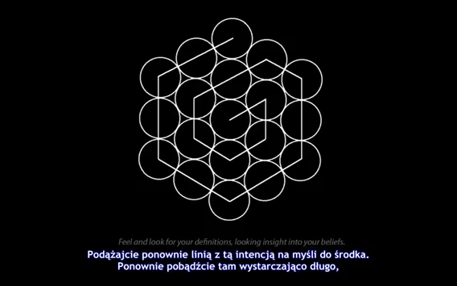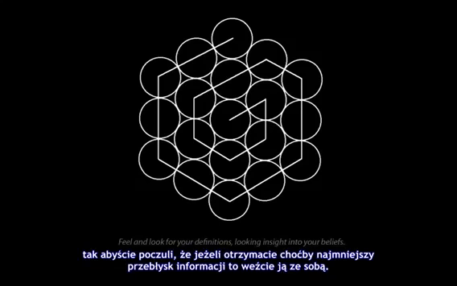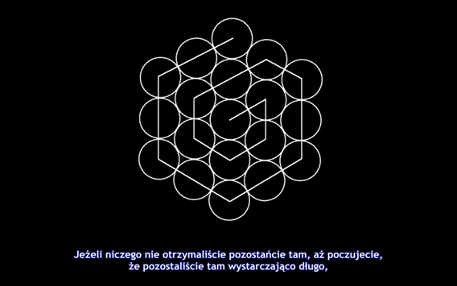Follow the line down again with that intention in mind to the center. Again, stay there long enough that if you've gotten any kind of even slight flicker of information, you take that back up with you. If you get nothing, stay there until you feel you've stayed long enough, and then go back out.